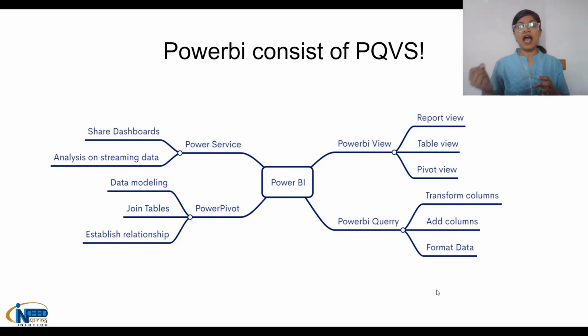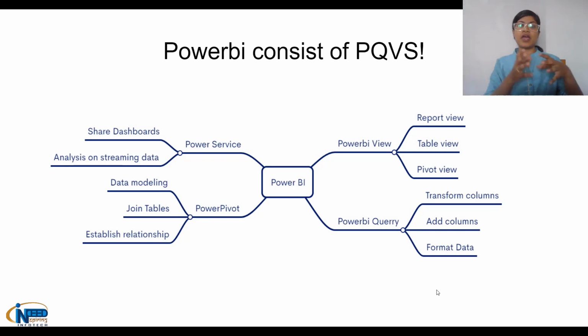We also have Power View, that is Power Report, where we have a report view, a table view, and a pivot view. The report view consists of all the dashboards, reports, and charts, that is, all the visualizations. In the table view, all the reports consist of data.